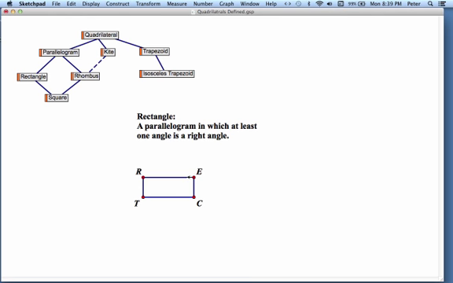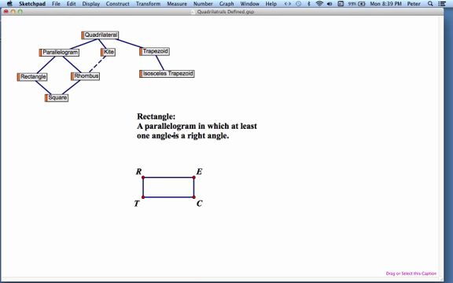And because a rectangle is a parallelogram, and I know that all the opposite sides of a parallelogram are parallel, knowing one right angle in a rectangle will allow me to prove that the other angles are also right angles.